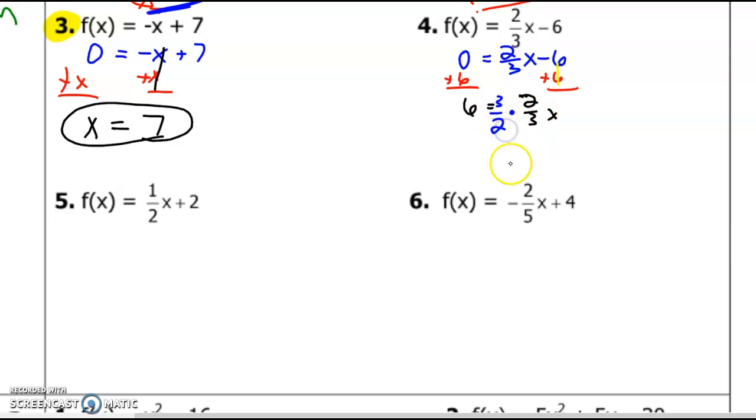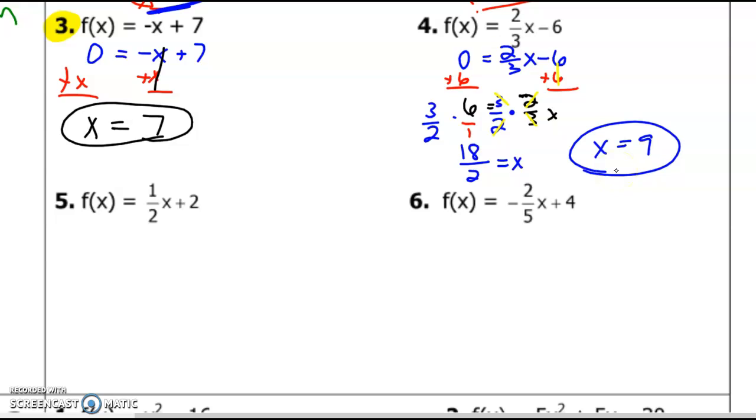Really what we're doing is dividing both sides by 2/3, but when we divide, we multiply by the reciprocal. So you might remember keep, change, flip. We're doing the flip right now. So what's going to happen over here is the 3's will cancel and the 2's cancel. Okay, over here you can put 6 over 1, multiply straight across. So we get 18 over 2 times 1 is 2. So we get x equals 9.